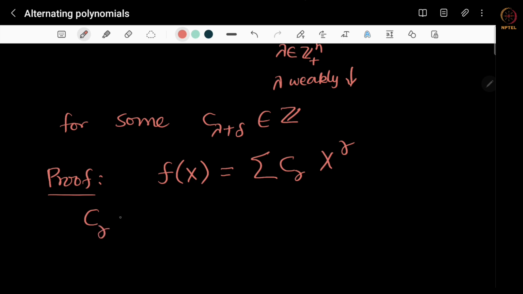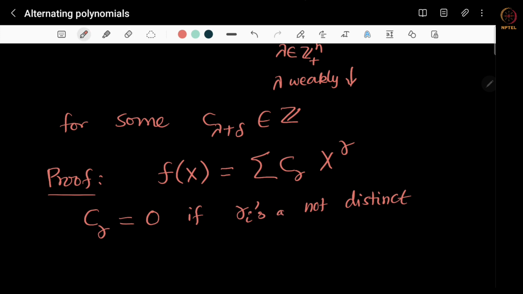Observe I put lambda plus delta, so that's of course going to be strictly decreasing. So here's the statement that alternating polynomials can always be written with some coefficients c_{lambda plus delta} coming from the set of integers.